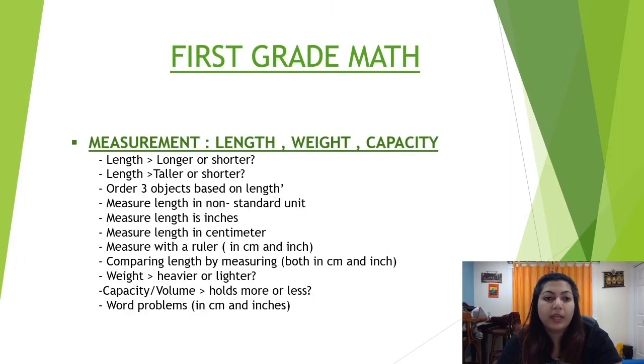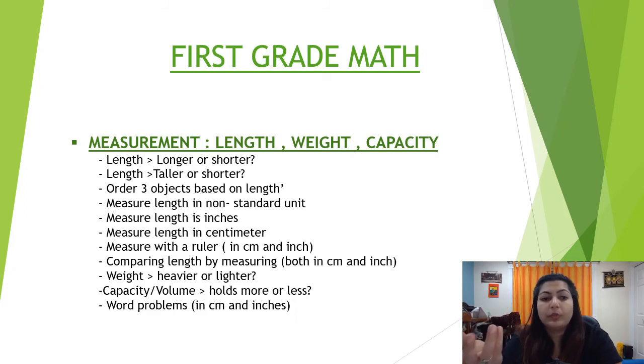And then we have measurement. Measurement is broken down into 3 subtopics: length, weight, and capacity. So length, basically giving them an idea about longer or shorter, taller or shorter, comparison, and then measuring with standard and non-standard units, and then comparing the length.